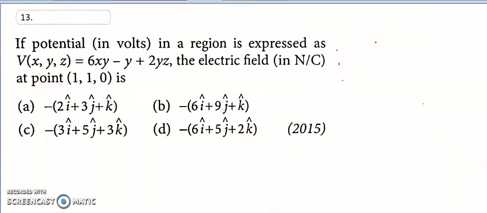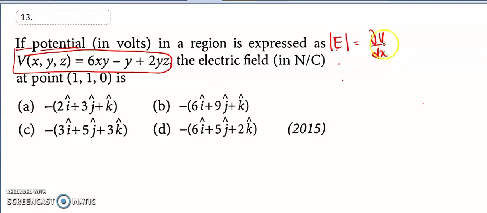Question number 13. If the potential is given, find the electric field at the points. The electric field is equal to minus dV by dx i cap plus dV by dy j cap plus dV by dz k cap.